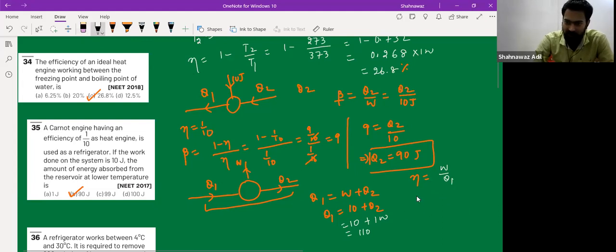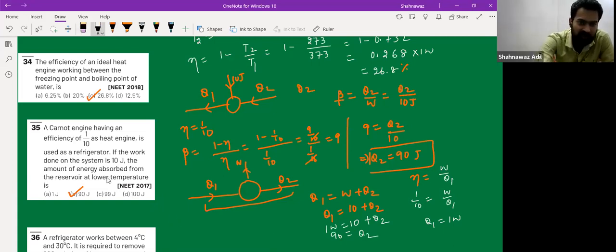So we can now calculate this Q2, which would be 90. So Q2 would be 90.